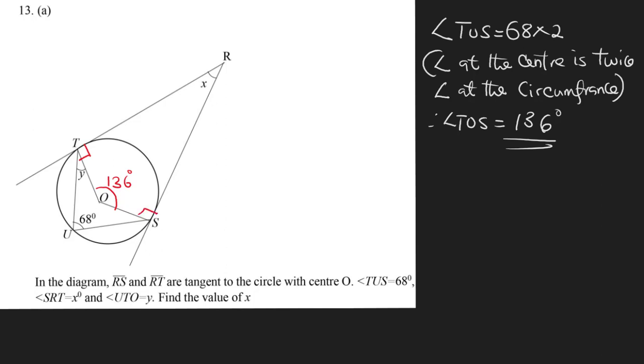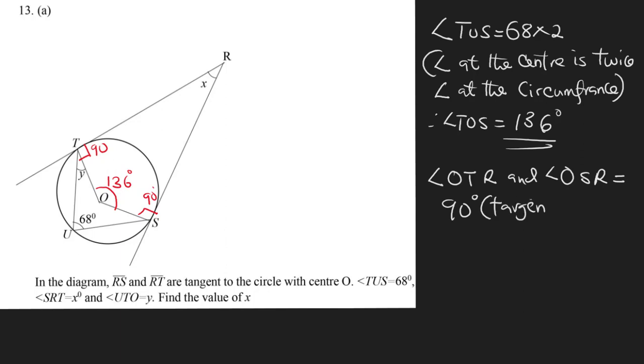Can you see? So if this place is 90 degrees and this one too is 90 degrees, we have to write it down, right? We're going to say angle OTR and OSR is equal to what? Is equal to 90 degrees. Why?